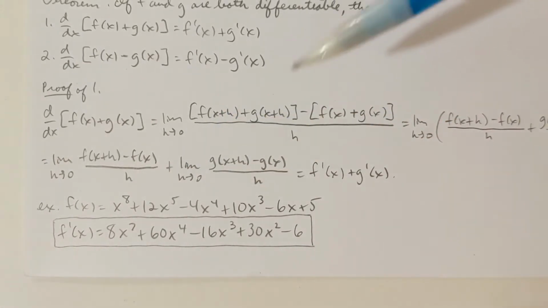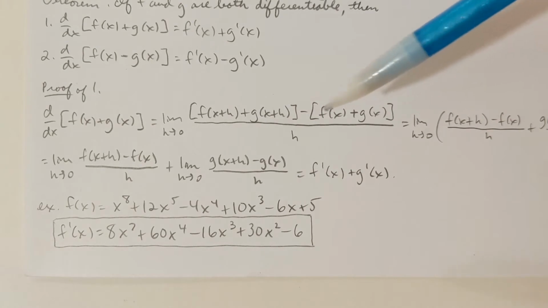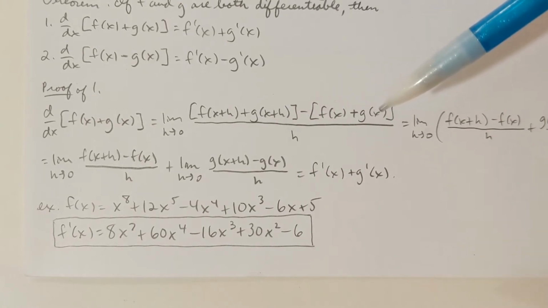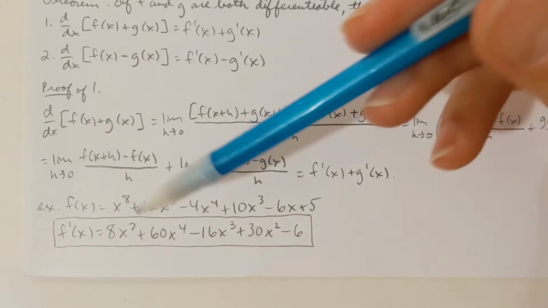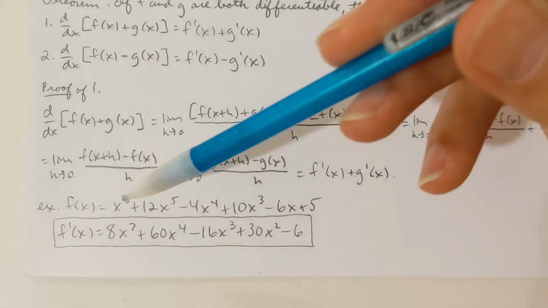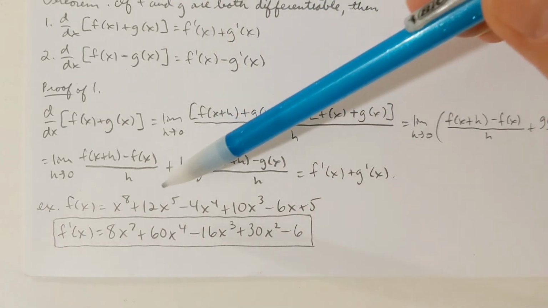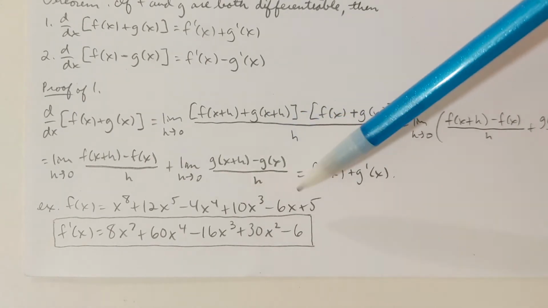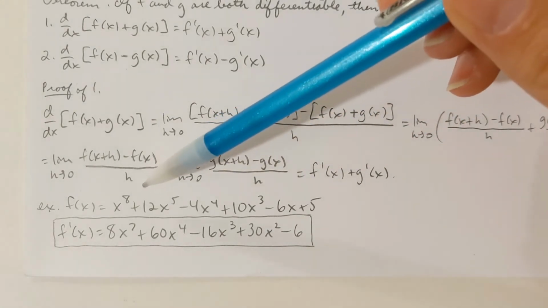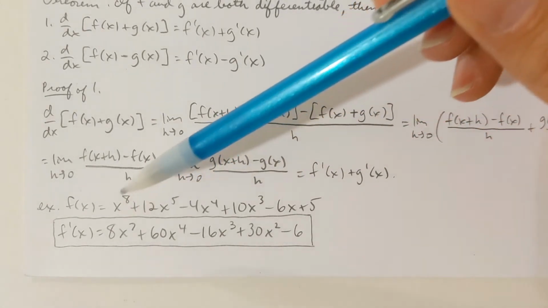Suppose that we have f of x equals x to the 8th plus 12x to the 5th minus 4x to the 4th plus 10x cubed minus 6x plus 5. I want to differentiate that. Well, I can just differentiate each term individually, right? That's what I was just talking about up here. So you're going to use the power rule on all the terms except for the last one. Bring the power down, reduce the power by 1.